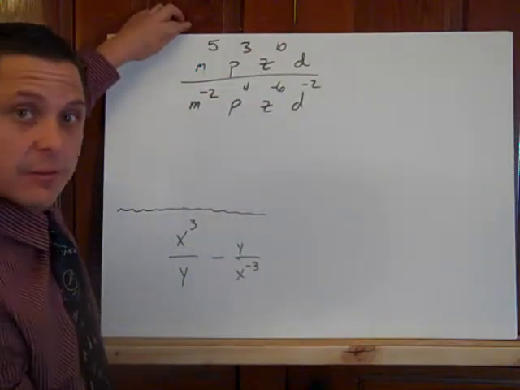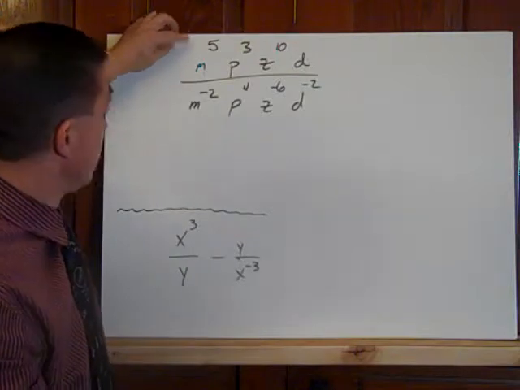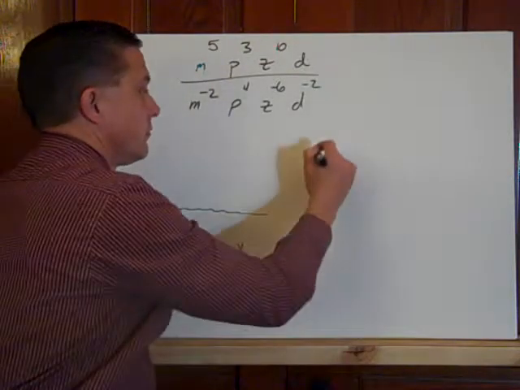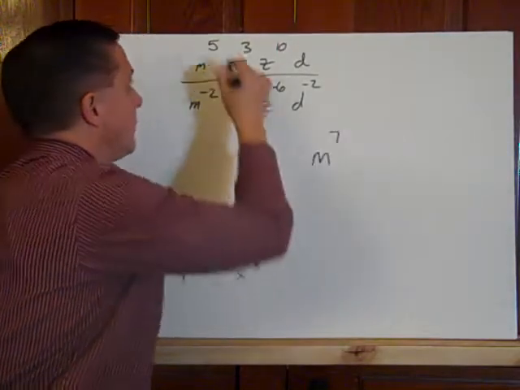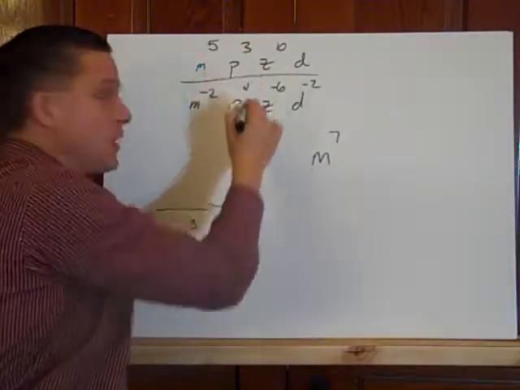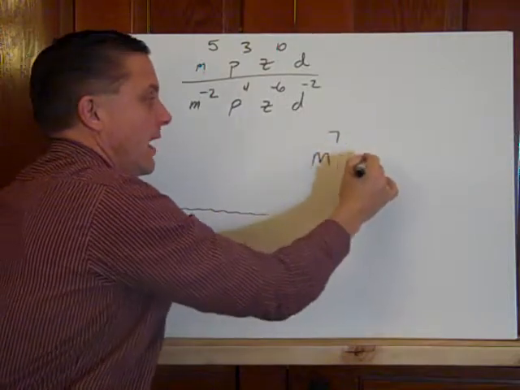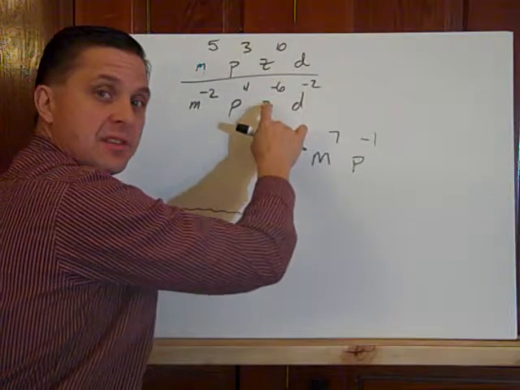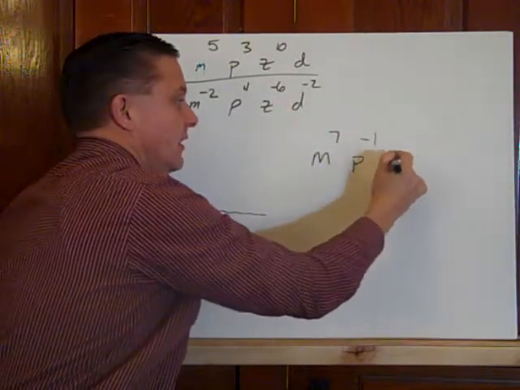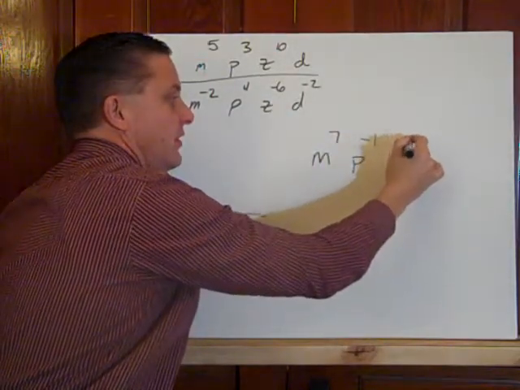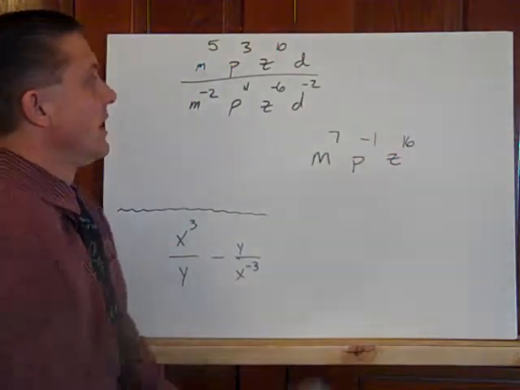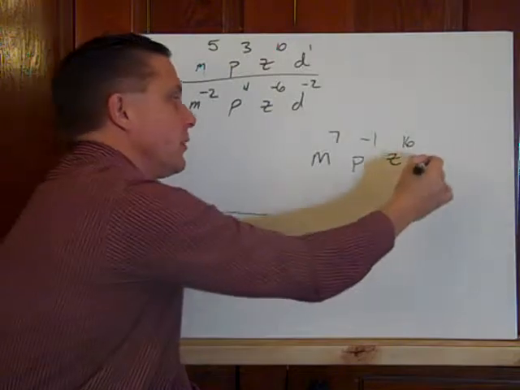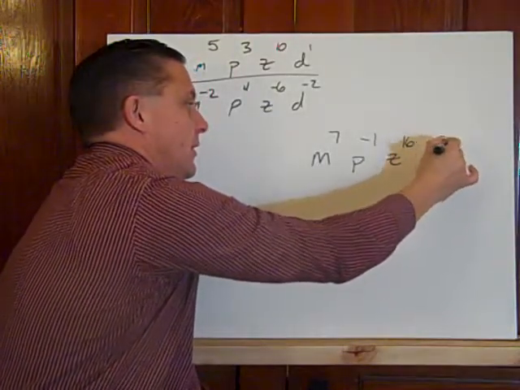Now I have m to the 5th replacing m cubed times m squared, over m to the negative 2. 5 minus a negative 2 is m to the 7th. p to the 3 over p to the 4. 3 minus 4 is p to the negative 1. z to the 10th minus a negative 6. 10 plus 6 is 16. And then the last one, d to the 1 power minus a negative 2, or d to the 3rd.